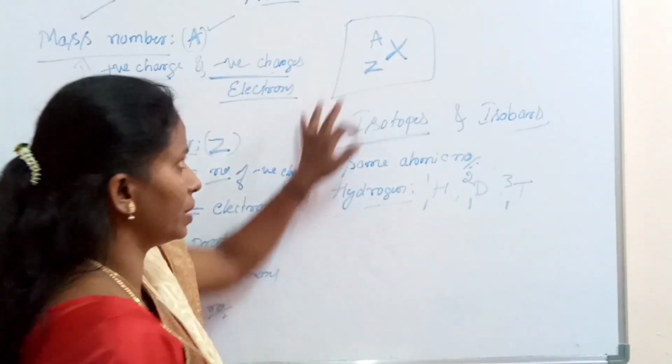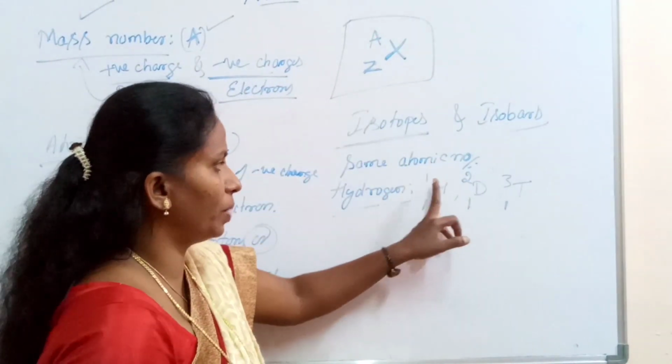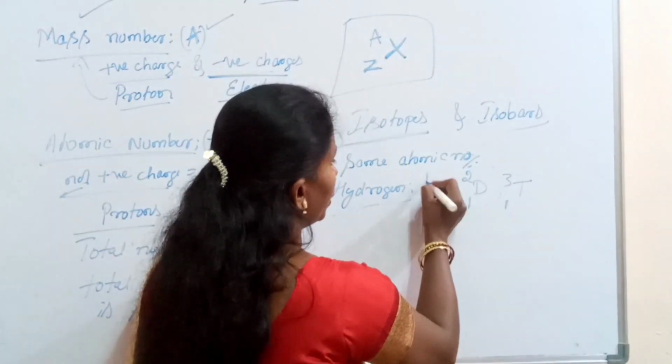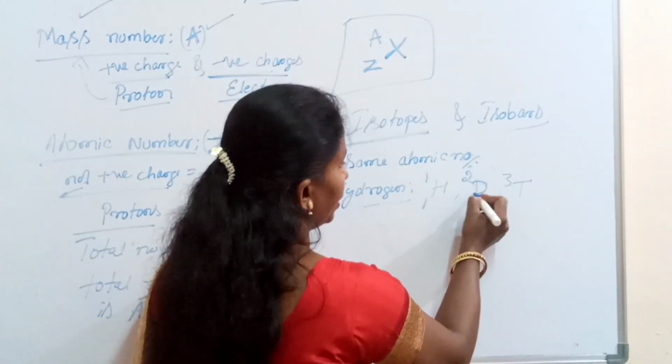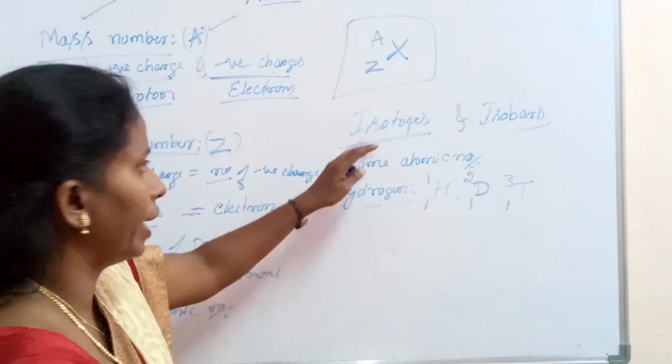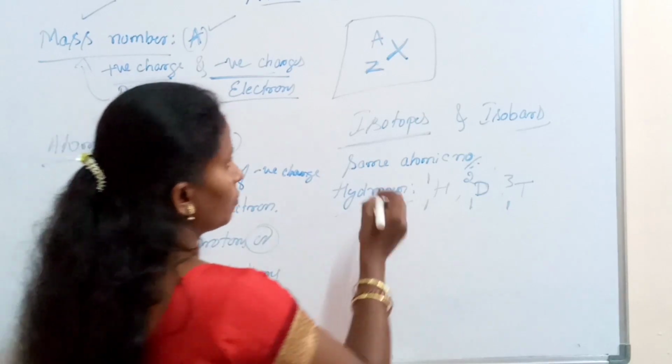They have the same Z value but different mass numbers. Here there is only one proton, but different mass. These are called isotopes.